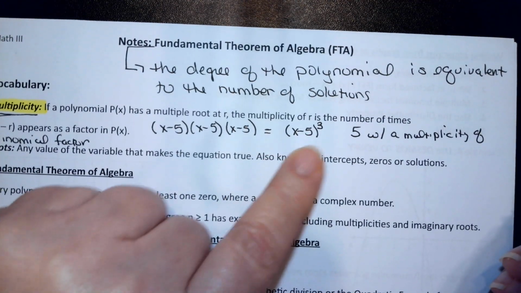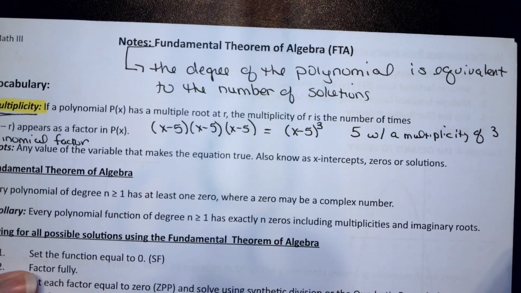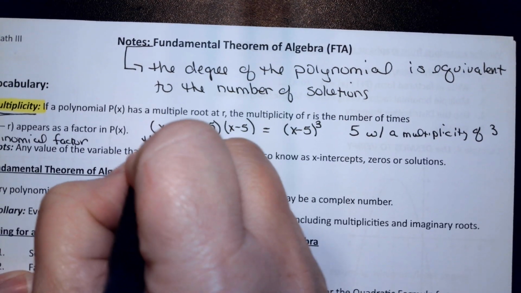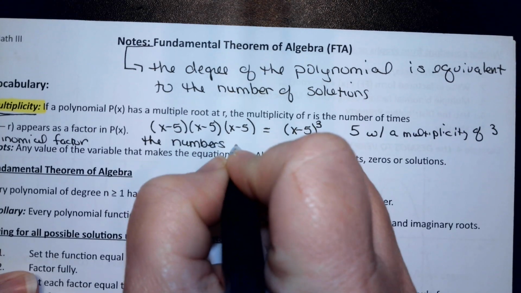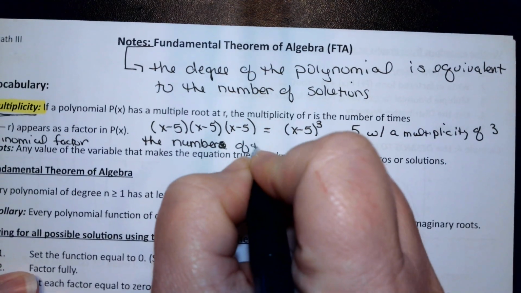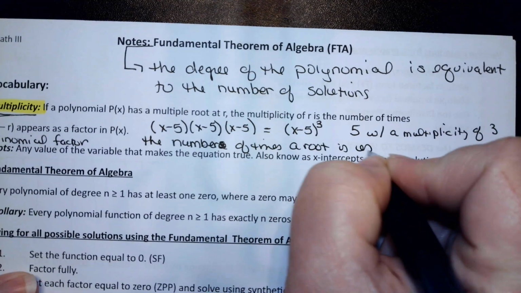How many times did we use it? We used it 3 times. Okay, so basically it is simply the number of times a root is used.